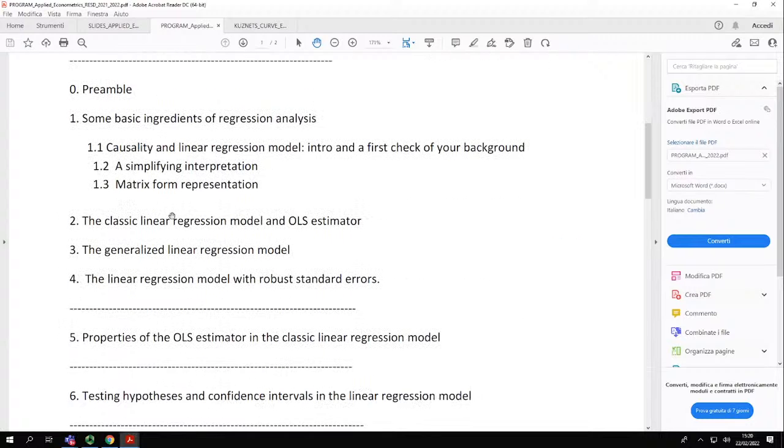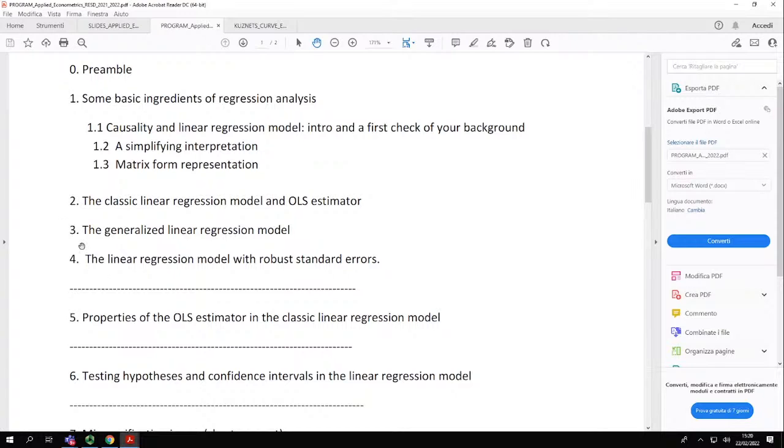What I want to do today, before going on: yesterday we closed our class with the five properties of the OLS estimator in the classic linear regression model, but I want to close points 3 and 4 with the following example that we were discussing yesterday.